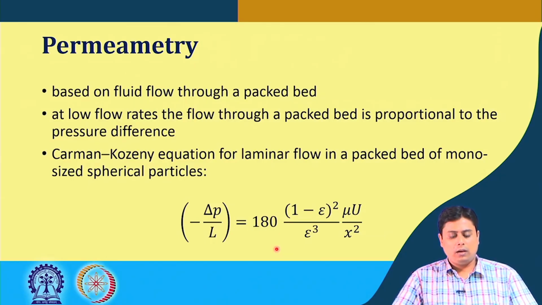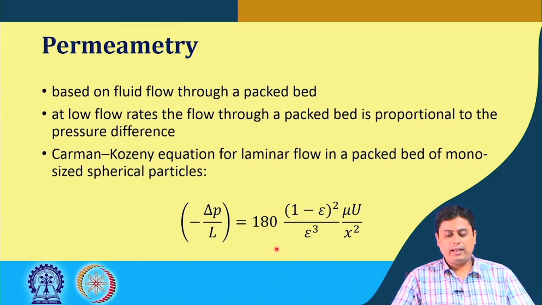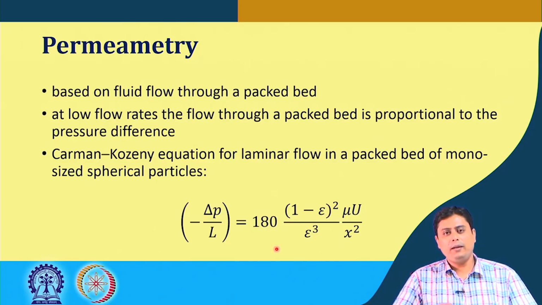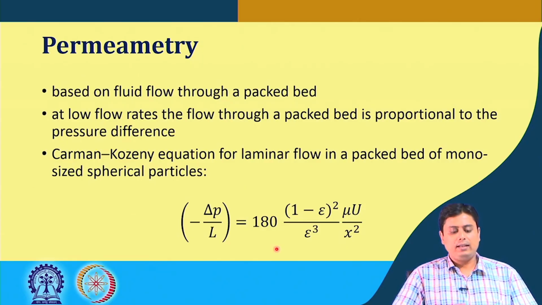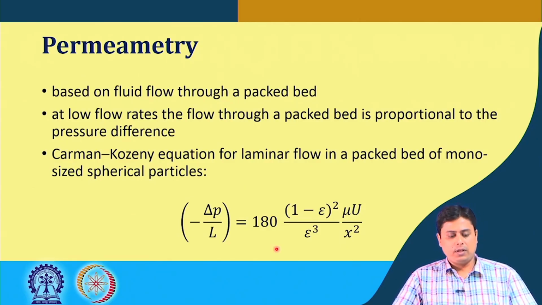Typically, spherical particles are used in the packed bed to simplify the calculation in permeametry, but if the particles are of random size and shape, the mean diameter or mean size can also be determined by this technique.